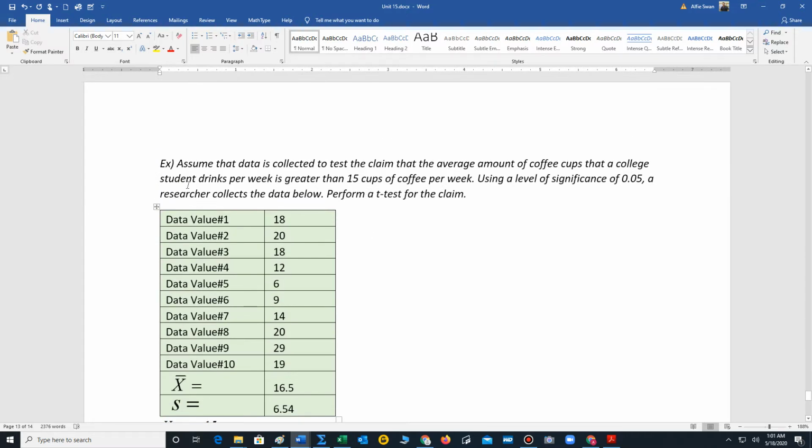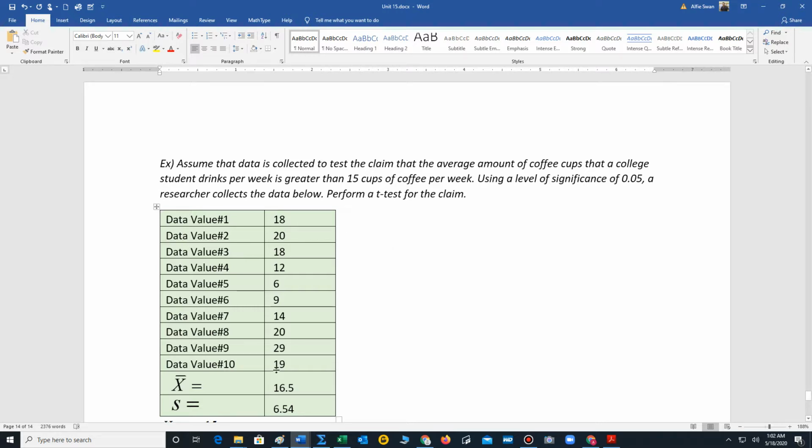In this example, it says, assume that data is collected to test a claim that the average amount of coffee cups that a college student drinks per week is greater than 15 cups of coffee per week. Using a level of significance, that's another phrase for alpha, of 0.05, a researcher collects the data below. So perform a t-test for the claim.